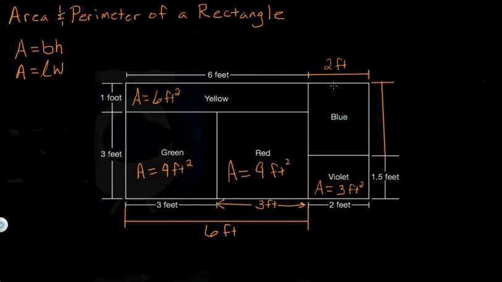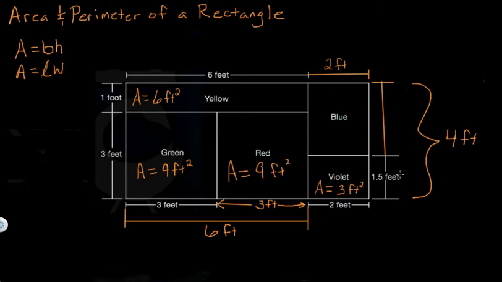And we can look at the entire shape now, the entire rectangle, and we see that if this side is 3 feet plus 1 foot, which is 4 feet, that means that this entire distance here also has to be 4 feet.